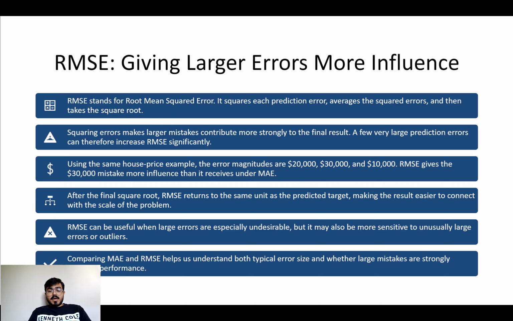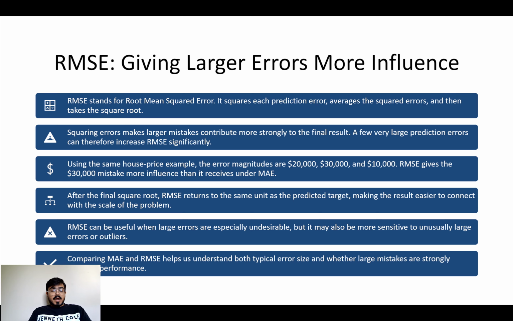The most important idea is why we square the errors. When the error is squared, larger errors increase much more than smaller ones. For example, in our house price example, an error of 30,000 has a much greater effect on RMSE than an error of 10,000.